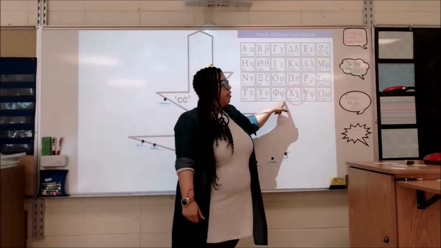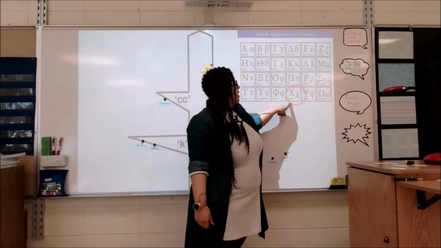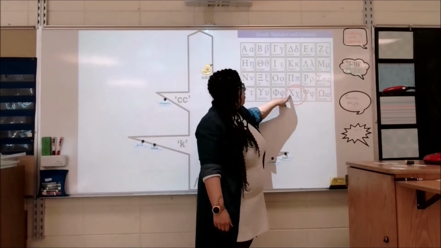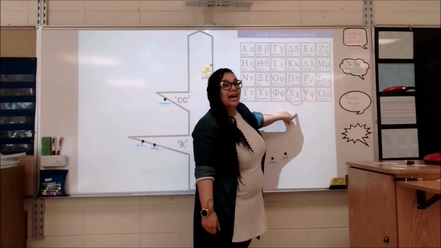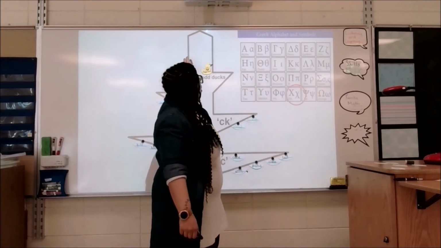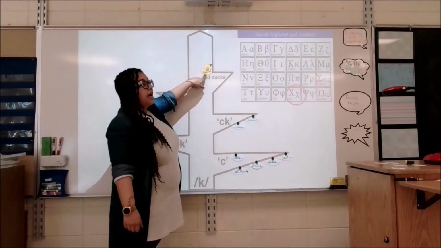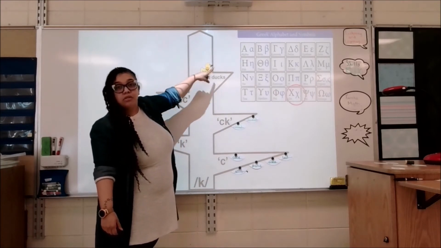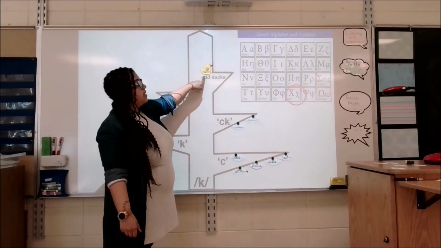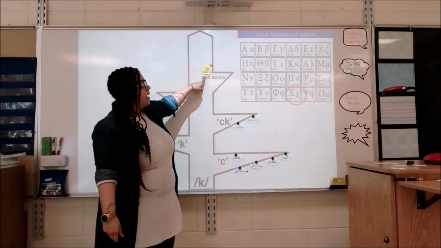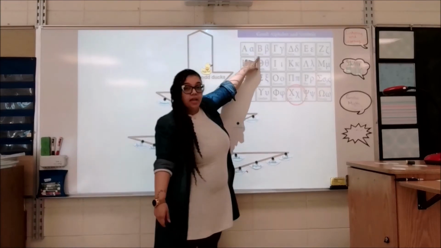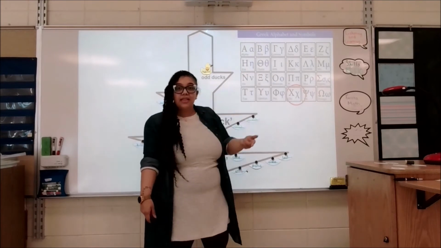But the name of this letter in Greek is chi. This sound and this chi spelling has made its way over to English. So sometimes when we hear words that used to be in Greek, they still have the CH spelling chi in them. So like alpha, beta, alphabet, that's where we get that word from.